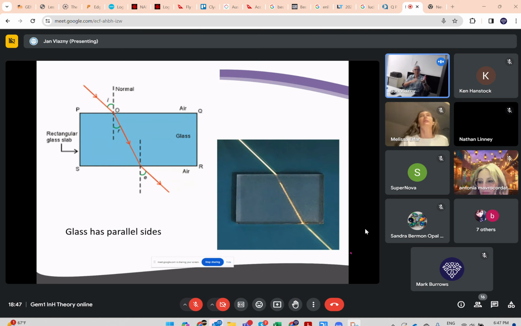If we did it with glass or we did it with a diamond, the displacement would be different. So we're measuring the amount of displacement? We're measuring the bending, yes, depending on how we're using it. This is just showing you how.